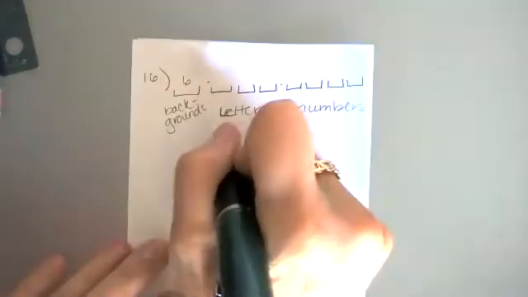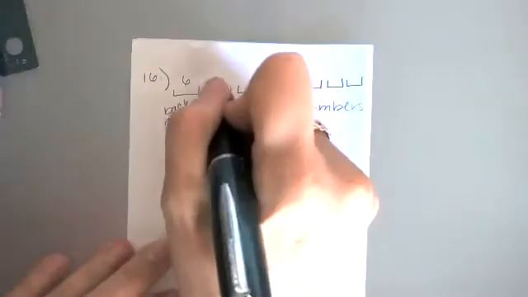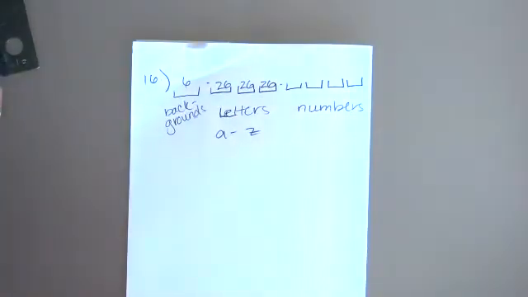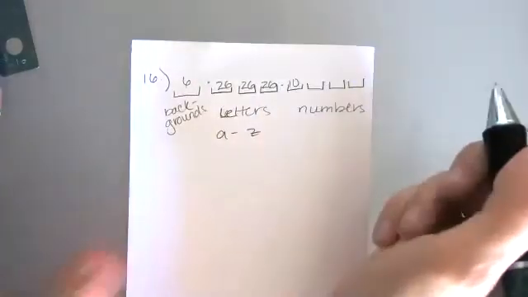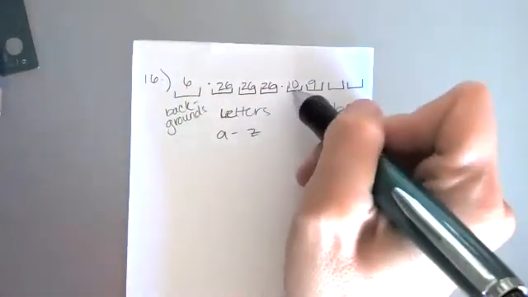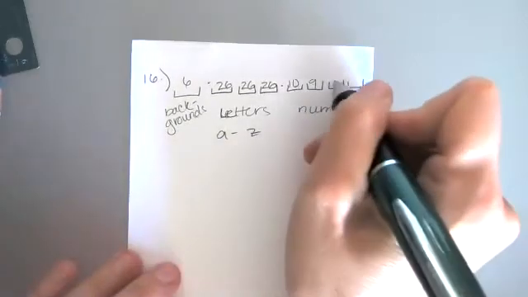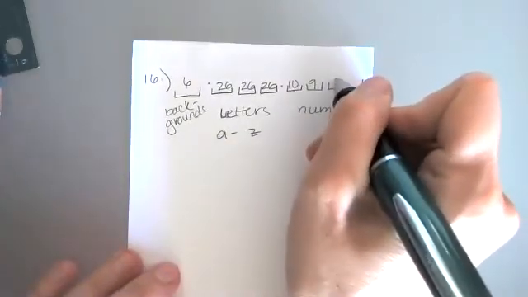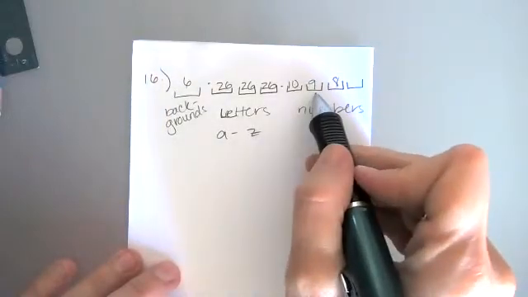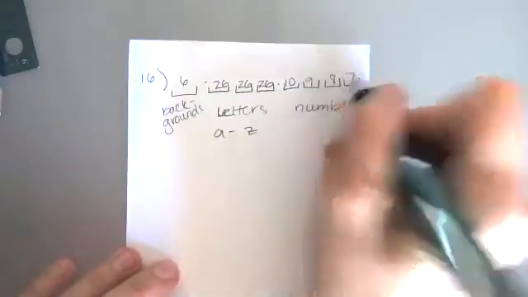So this is going to be A to Z. There are 26 letters in our alphabet, and these can be repeated. And then there's numbers, but the numbers can't be. So I've got 10 choices for the first number, but then I only have 9 because I've already used a number and I can't repeat it. Then my third choice would be 8 because I've used 2 numbers already, and then 7.